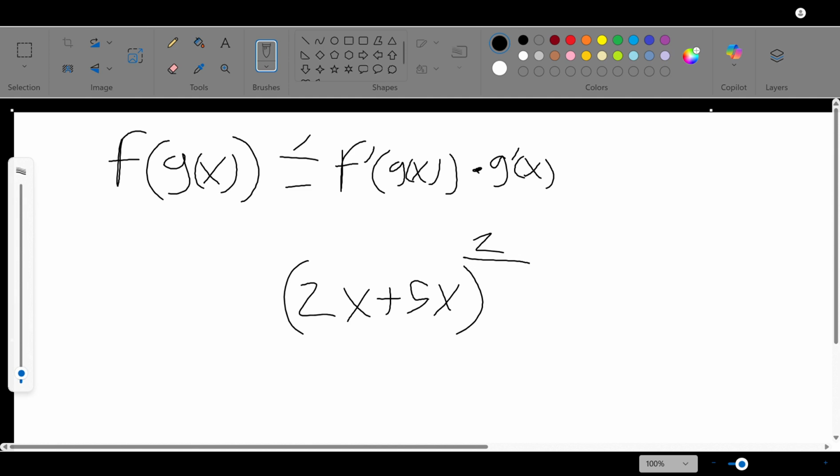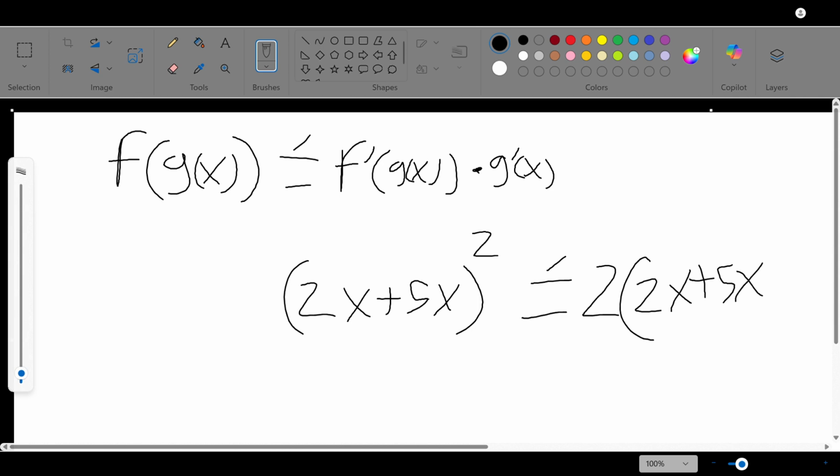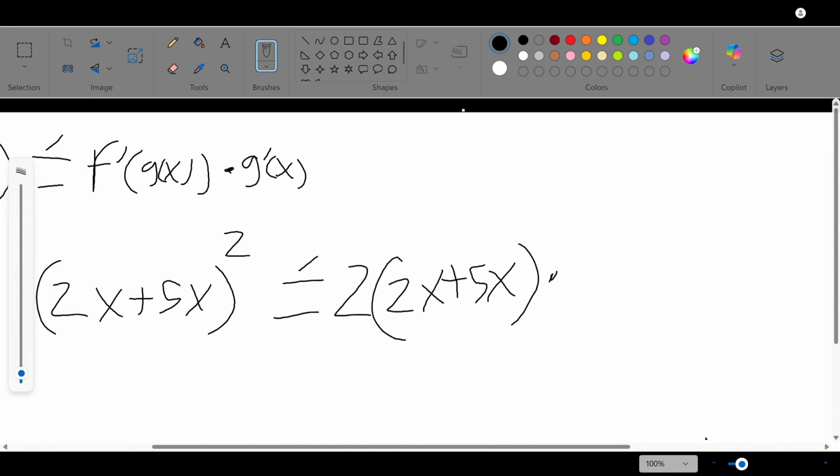Since there's a power right here, the derivative will be 2. You just move it down, minus 1 up here, obviously. And the inside function times the derivative of the inside function, which is just 2 plus 5.